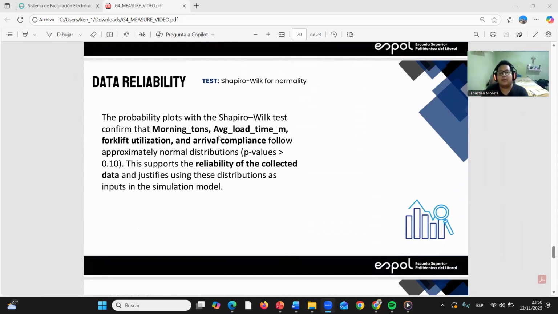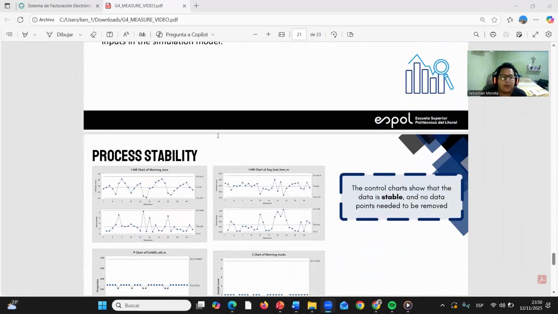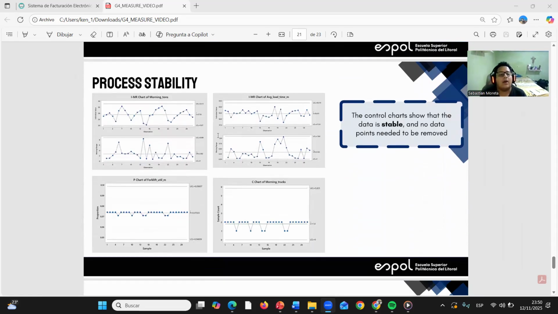For data reliability, we apply the Shapiro-Wilk normality test and probability plots for the key variables, like morning tons, loading time, forklift utilization, and arrival compliance. Overall, the patterns are close to the reference line and the p-values are acceptable. For process stability, the control charts show that the process is statistically stable.